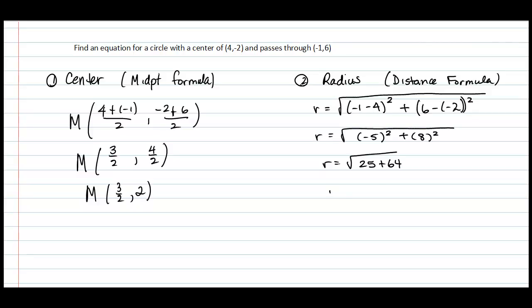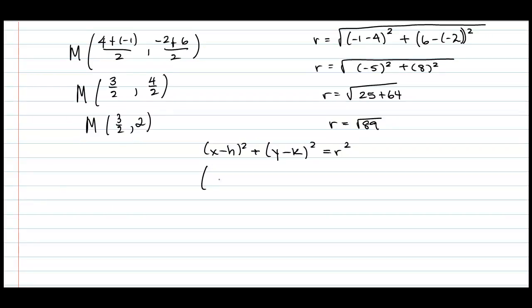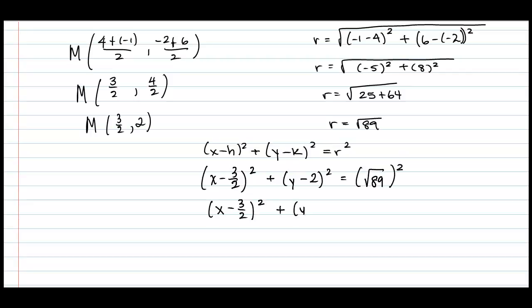The simplified form of the square root of 25 plus 64 gives me the square root of 89. The equation to our circle, after we simplify the square root of 89 squared, is x minus 3/2 squared plus y minus 2 squared is equal to 89.